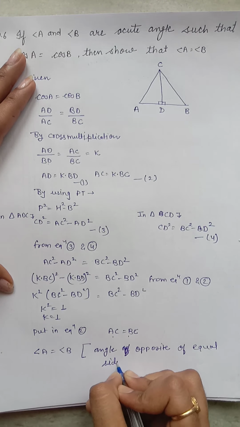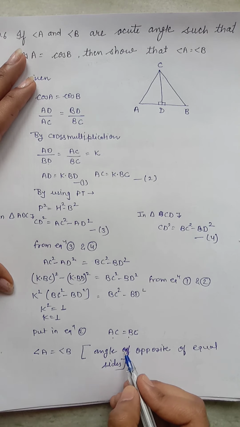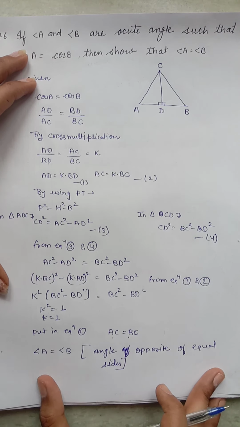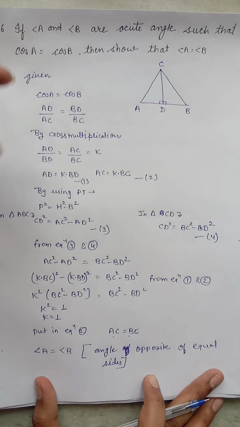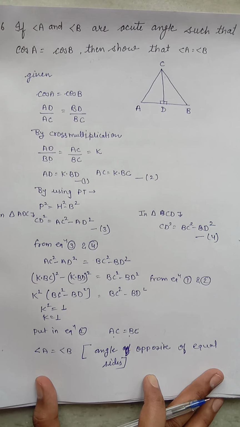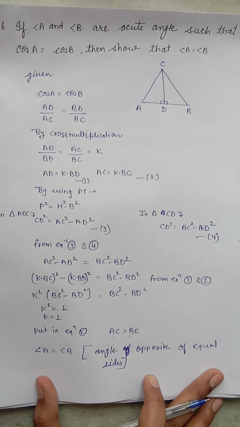You know the concept of the isosceles triangle: if two sides are equal, then the two angles are equal. So this is applied here. Angle opposite to equal sides, so angle A equals angle B. You can solve it in the same way.